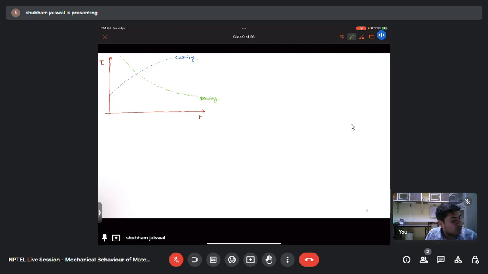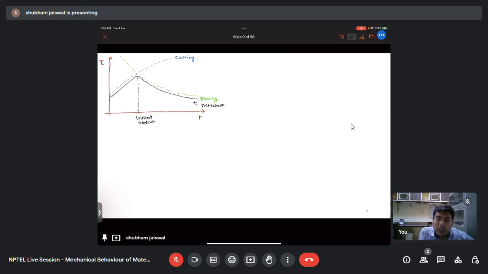So this is for bowing. If I plot the net curve, I will get something like this. Let's say this is my net curve, and this is my critical radius.